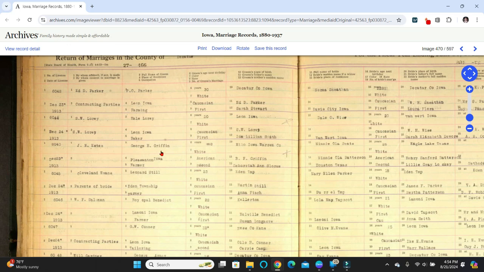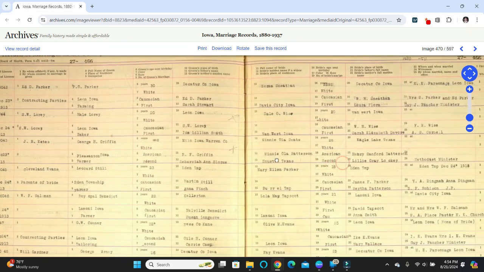But what we find out here, a couple of things that we could be missing. When we're looking at George and we're looking at all of his information, again, reading each of the lines, we find out that this is actually a second marriage for him. So if you knew that George and Minnie had married and you knew the dates, you had good oral history for that, and you did not go for the official record, you might not realize that this was a second marriage for him and you're missing a first wife in your family tree.